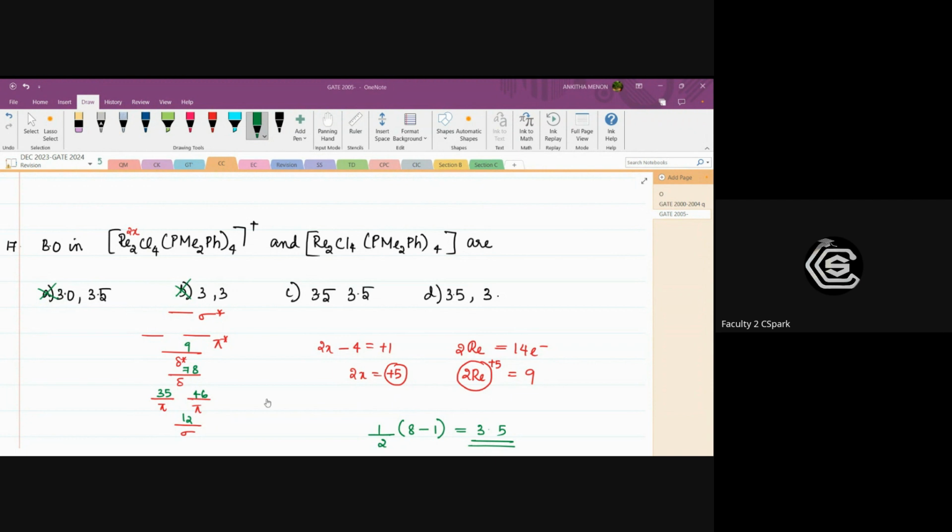When we say 10 electrons, the 10 goes in here. And hence what is the correct answer? What is the bond order? Is it C or is it D? Yeah, it is D.